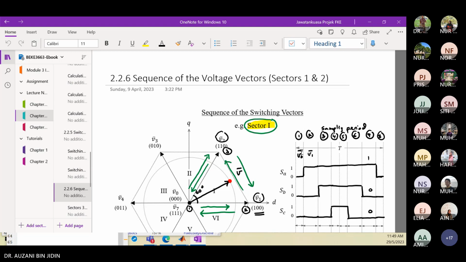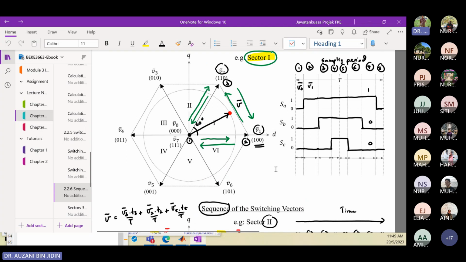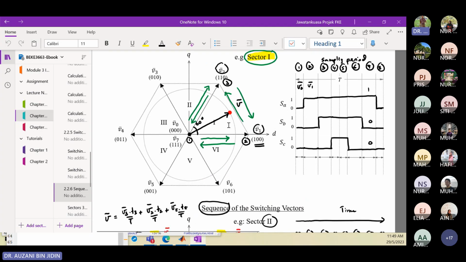Okay, so let's say we start from sector number 1 here. Maybe I need to open my old notes. Sorry, let me open the notes first. Which subject?